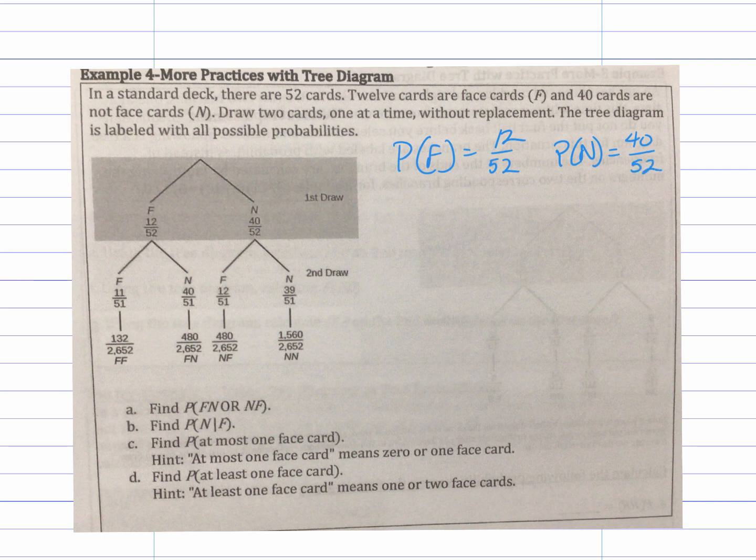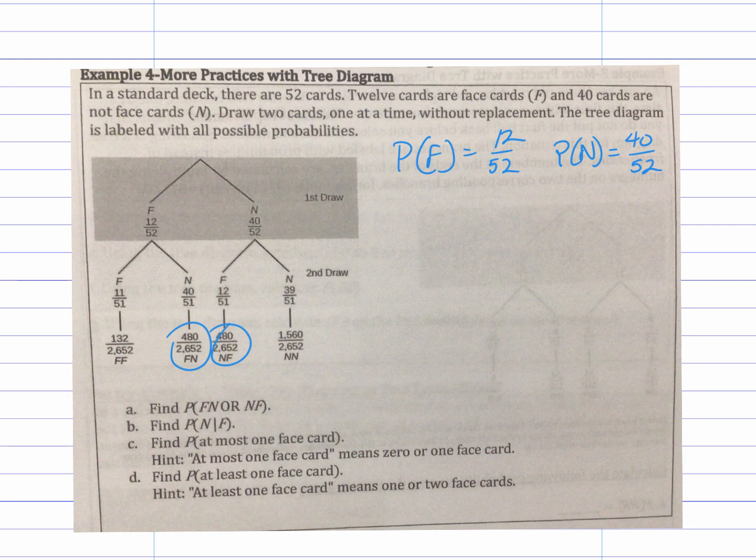Okay. So it asks us for A to find the probability of face then non-face or non-face then face. This is an OR probability. And so all we have to do is add them up. And below here, we have 480 of each of them.